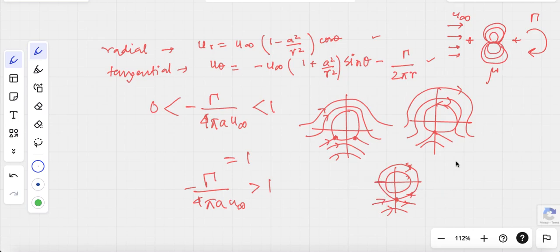So the stagnation point will be outside the cylinder, will not lie on the cylinder, but will be beyond the surface of the cylinder.